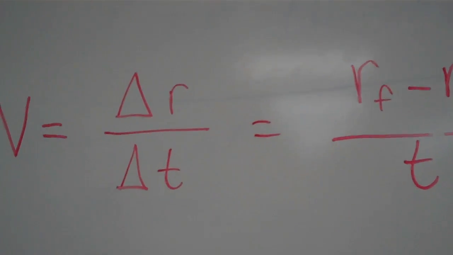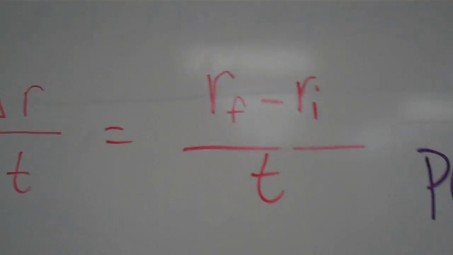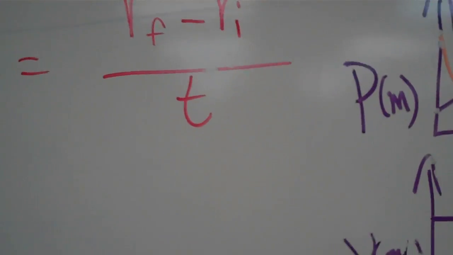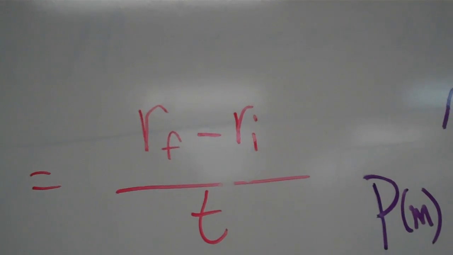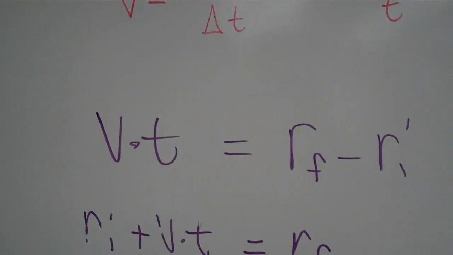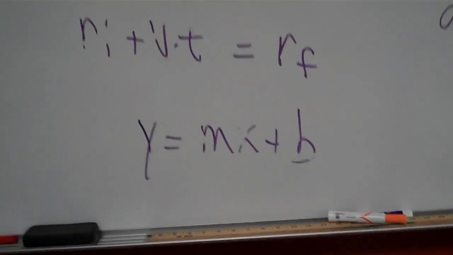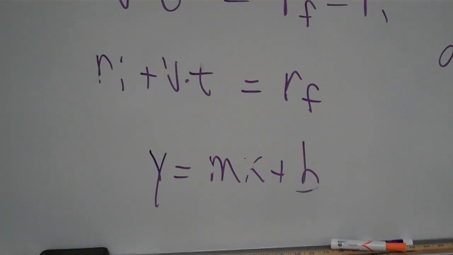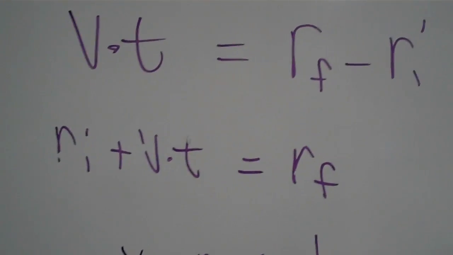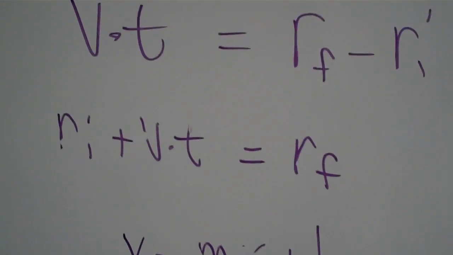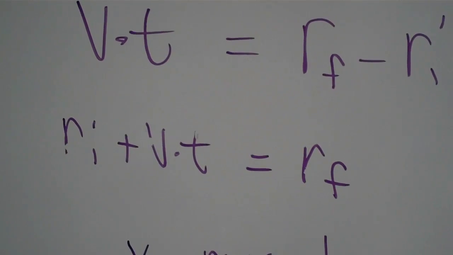So the rise over the run in that case is r or x or y or z or p or whatever in the heck you want to use to describe something's location. Then we did a little bit of algebra, and I showed the form. That y equals mx plus b in physics land is the final position equals the initial position plus velocity times time.